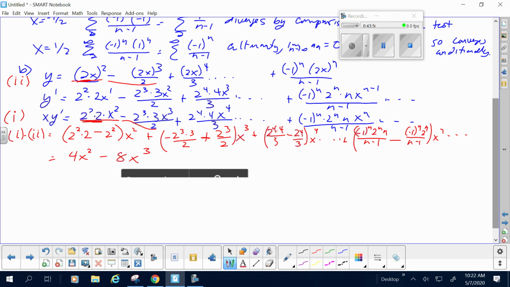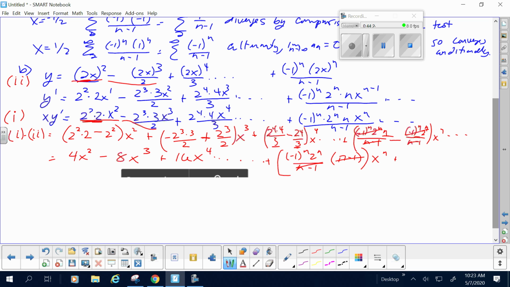Cool. What do we got here? This is, let's just go with 2 to the fourth minus 3 factored out. 16 thirds times 3 is 16 plus 16x to the fourth. Beautiful. This, if we factor out negative 1 to the n, 2 to the n, and n minus 1, we're left with n minus 1 x to the n. What?